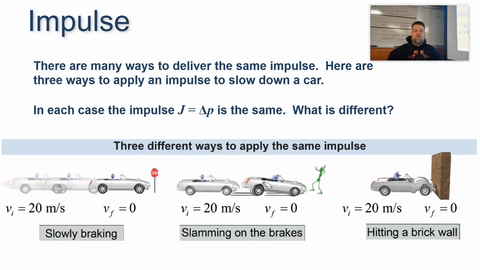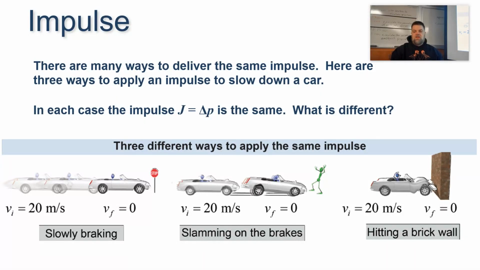This one, you slam on the brakes abruptly, the car kind of wants to keep going forward, because momentum is a measurement of kind of inertia, right? They're not exactly the same, but it indicates how much something wants to keep going once it's going, and how much it wants to stay still once it's still. Hitting a brick wall, you do damage to the car.